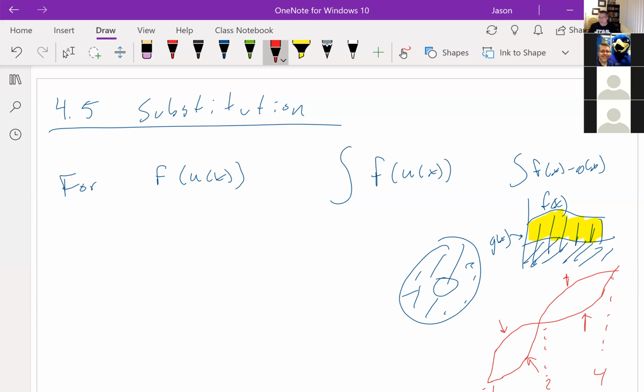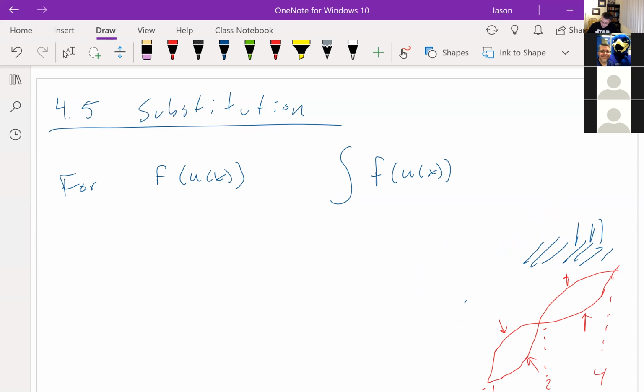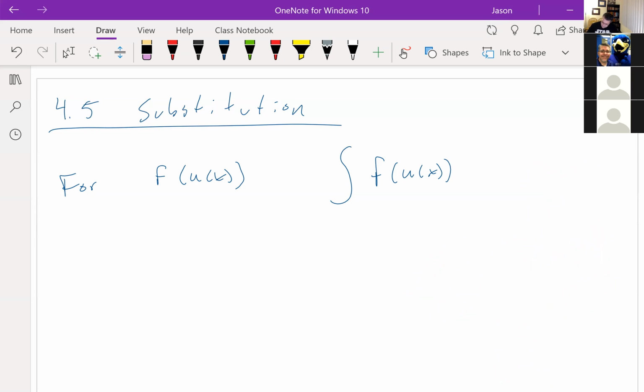You don't have to label them f of x, g of x. It's two functions. The one that's above is the positive and the one that's below is the negative, and then you just add them. So hopefully that helps there. Does that answer your question? Yes, it does. Okay.